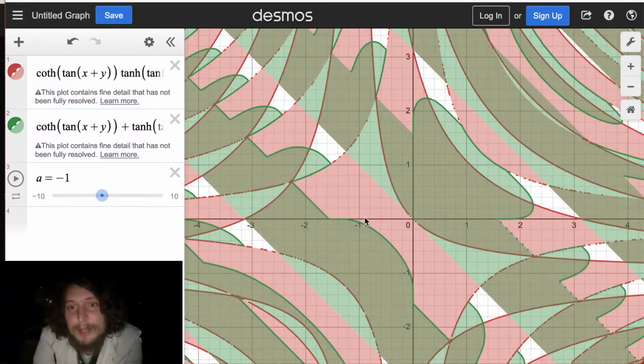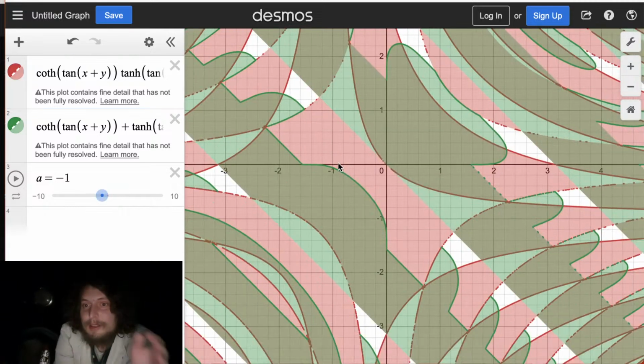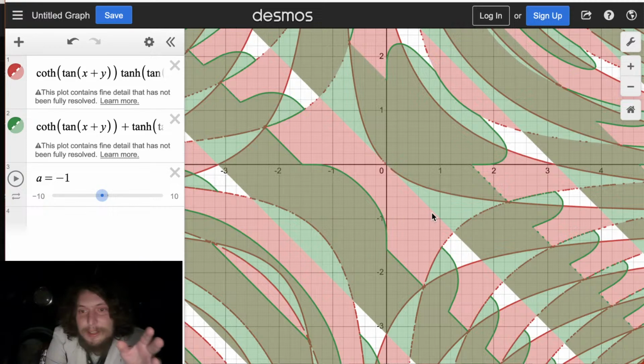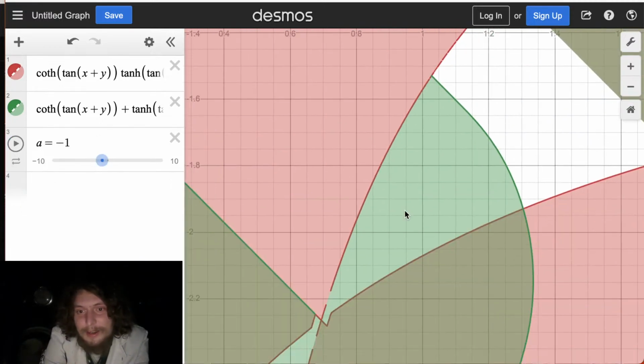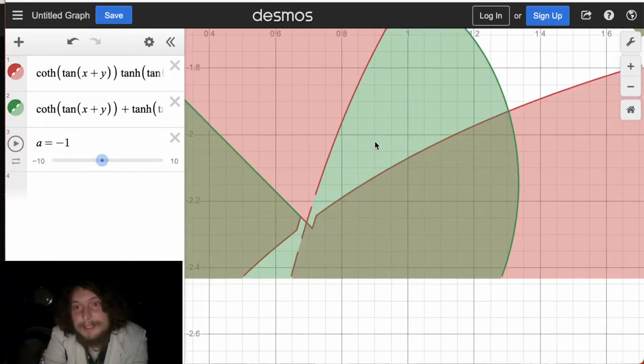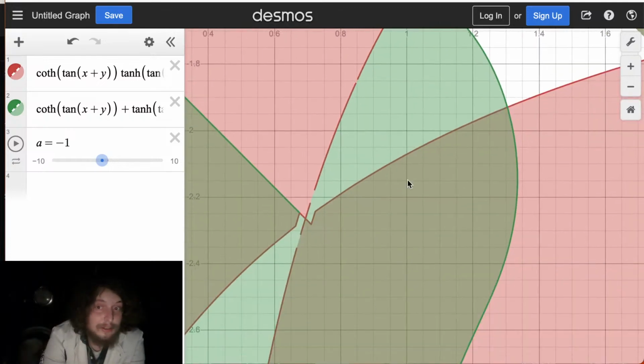And although it may seem random at many points, there are points where they definitely line up. Like, do you see right here that this line goes straight from red to green? We can see the bits that are red and green. The darker green shade is the red and green.